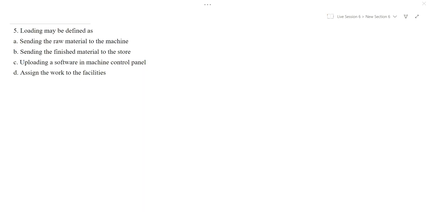Loading is about the determination or identification of the assignment of jobs to a specific machine or to a work center or to a facility. So the correct option is D.